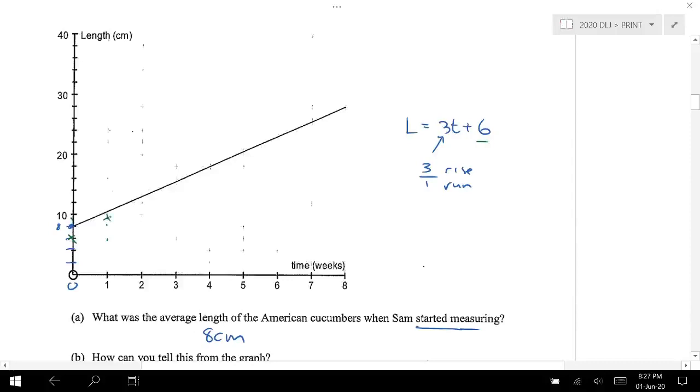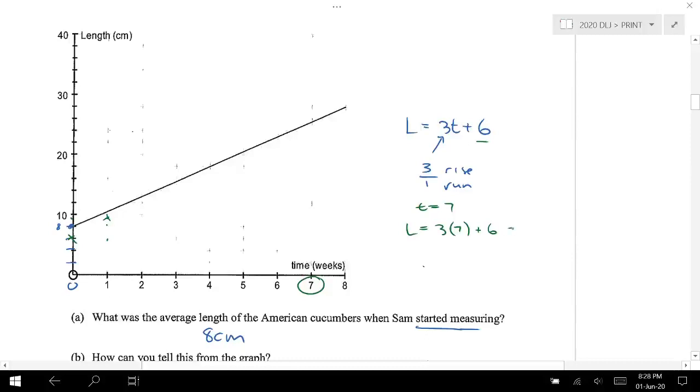Actually, I think the best solution for this is to work out what it would be at 7 weeks, for example. So to do that, we're going to go t equals 7 and put that into our equation. That'll give us a length of 3 times 7, so I'm just replacing t with a 7, plus 6.